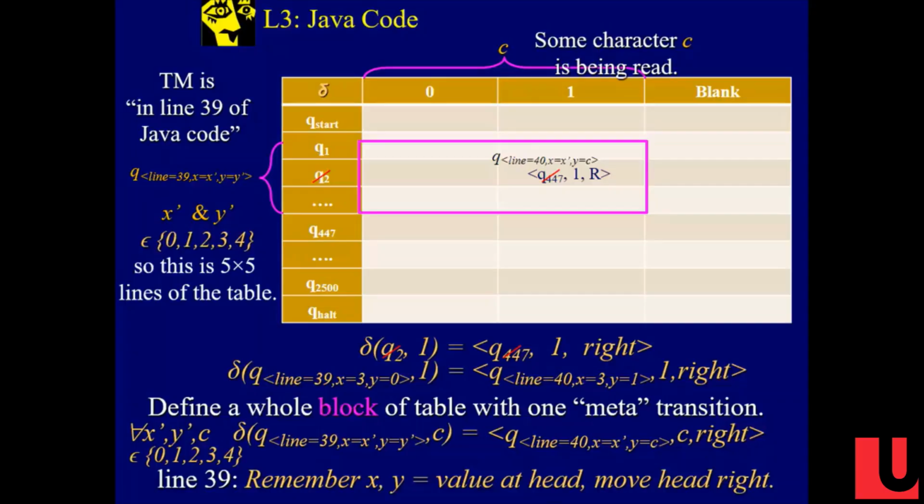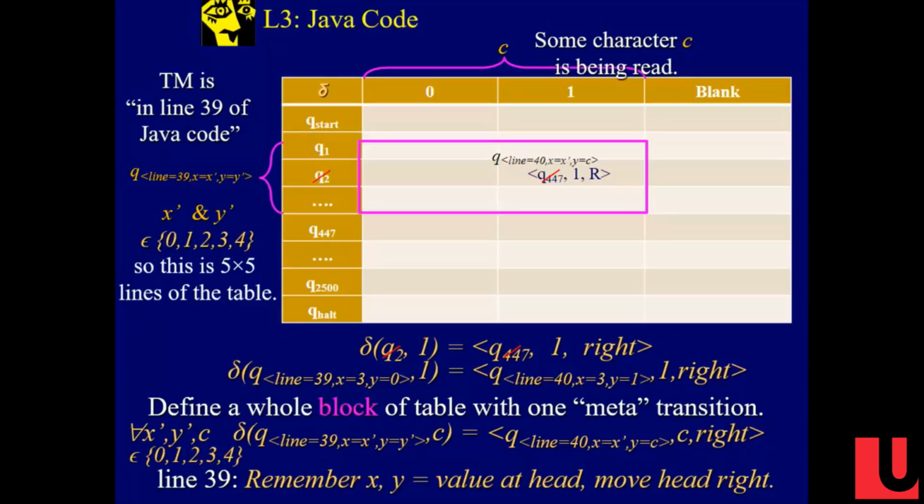So now you have to translate it into a Turing machine. So what you have to say is, well, what names do I want to give my states? I know that x is in the range 0 to 5 and y is 0 to 5, and I know that I'm in line 39.